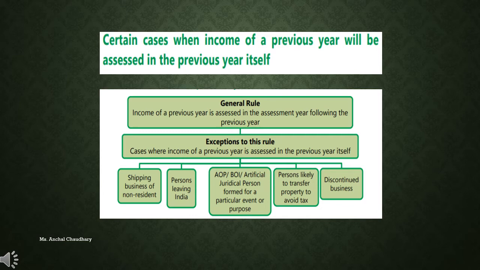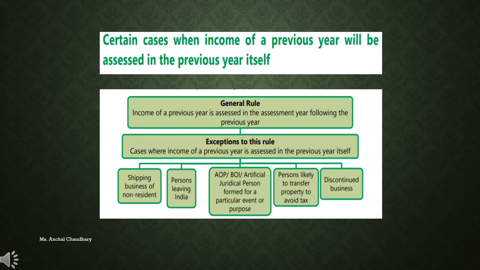Next is AOP or BOI, when it is formed for a particular event or purpose. When these kinds of associations are formed for a particular event, then at the time of dissolution of that AOP or BOI, you have to impose the tax thereon.